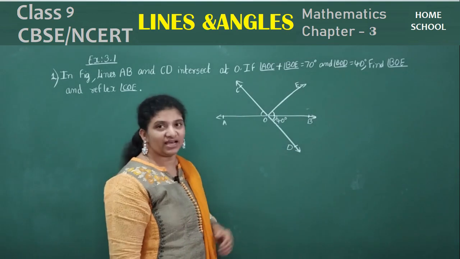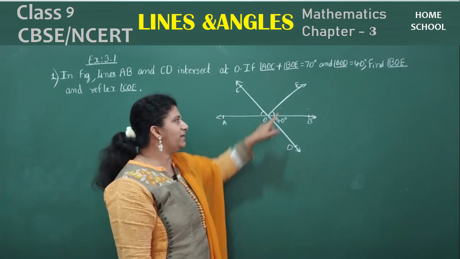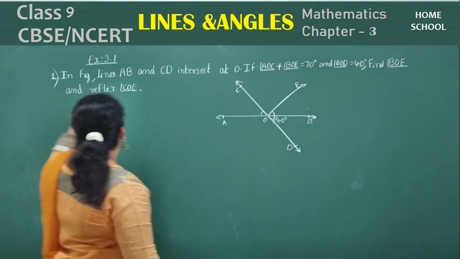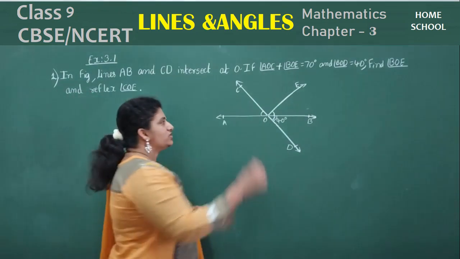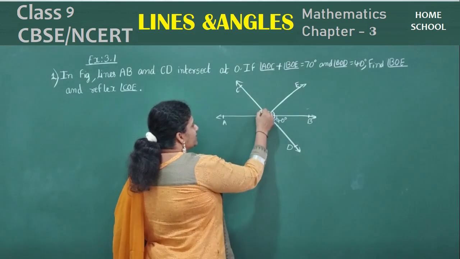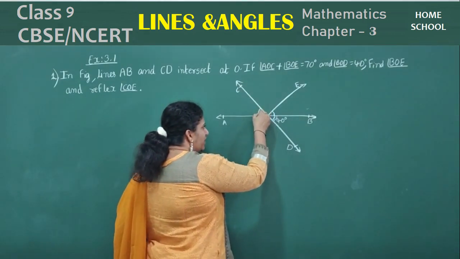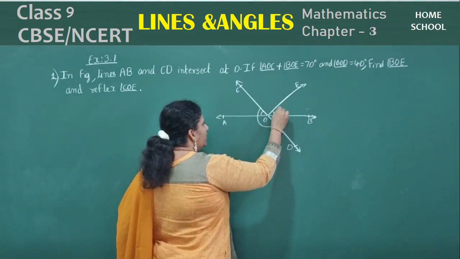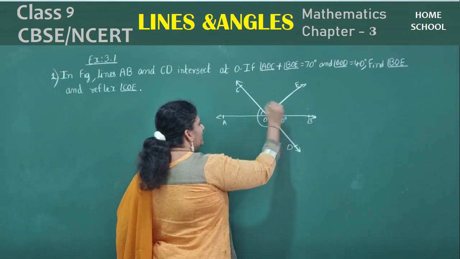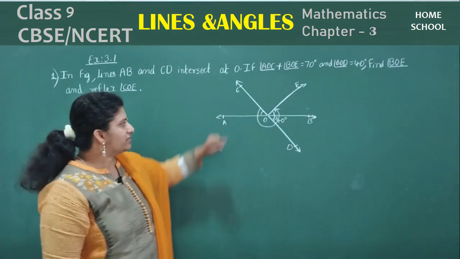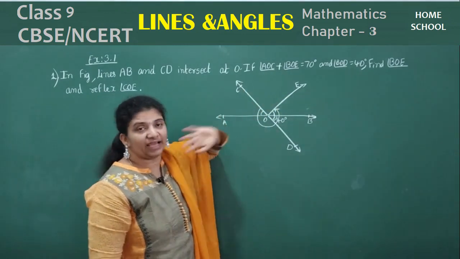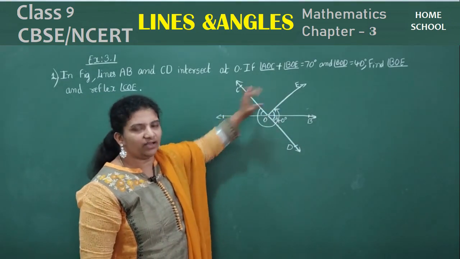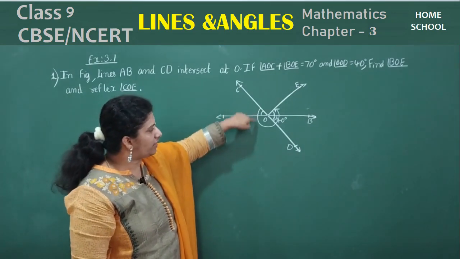Okay, still what they asked to find is angle BOE, 30 degrees, and then reflex angle COE. So look here children, reflex angle means where? From here to here, you need to find the angle COE. Don't consider this angle again. This is acute. Don't consider this, right? Reflex angle is from here to here.